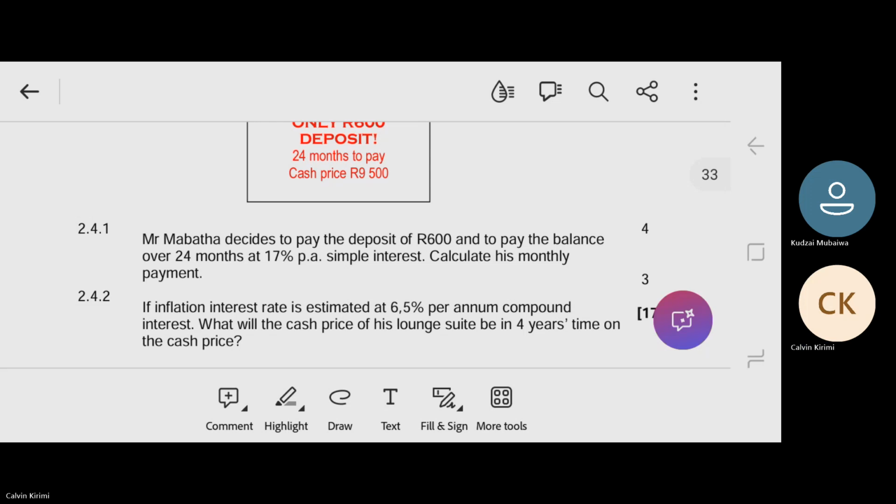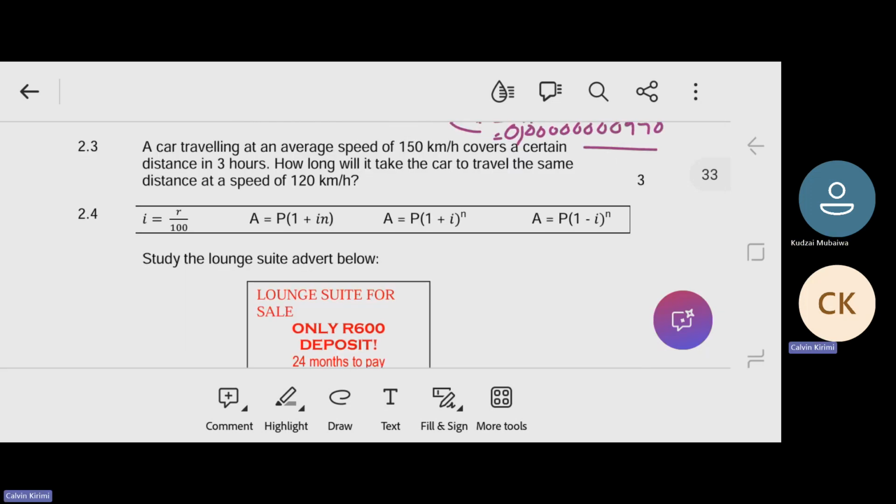Okay, yes, sir. So what are we going to do there? Write our formula of simple interest. We are having the first, second, third, fourth. Which one is the simple interest formula?